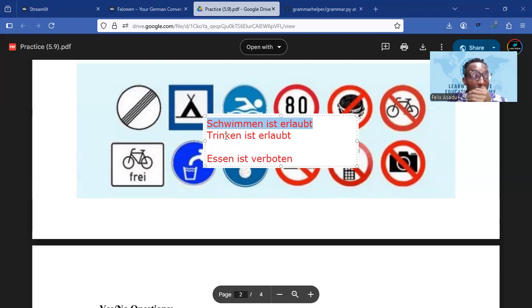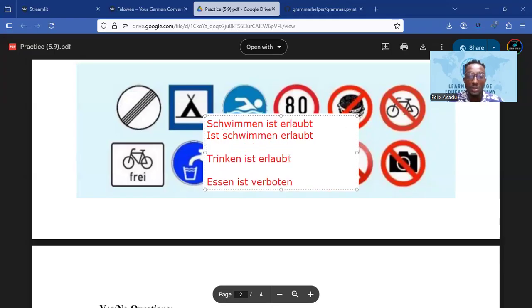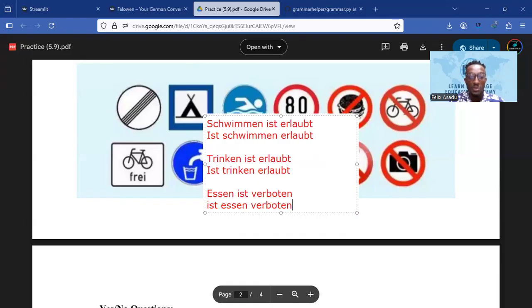Statement. So how do you change it to a question? Is swimming allowed? And this one is drinking allowed? And this one is essen verboten? Good.